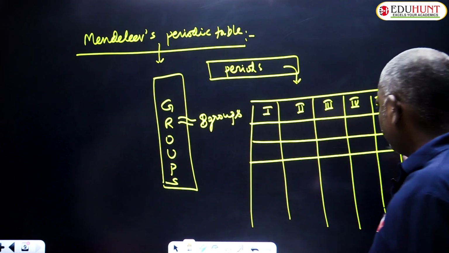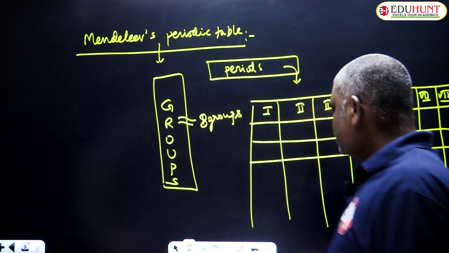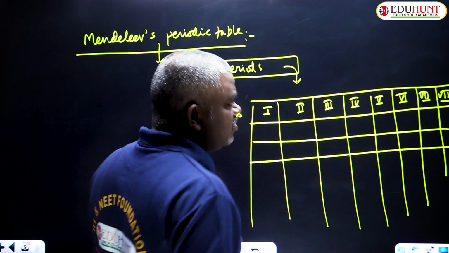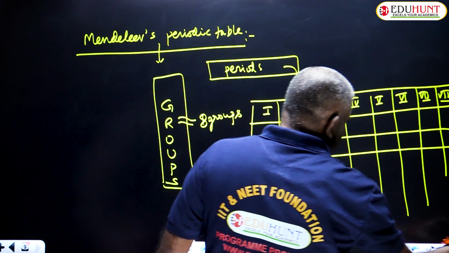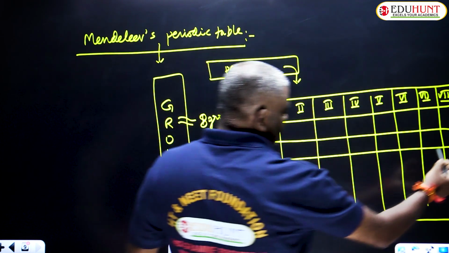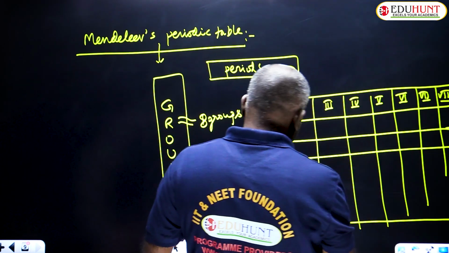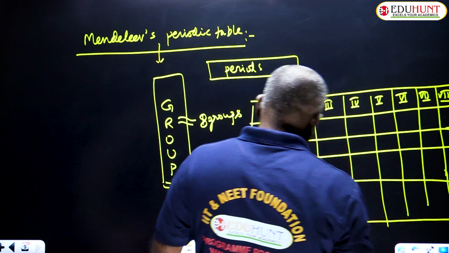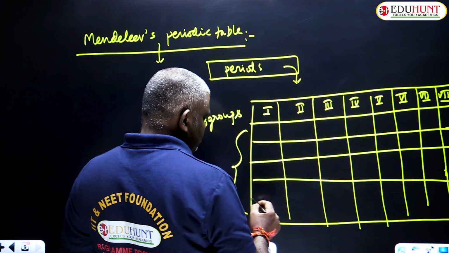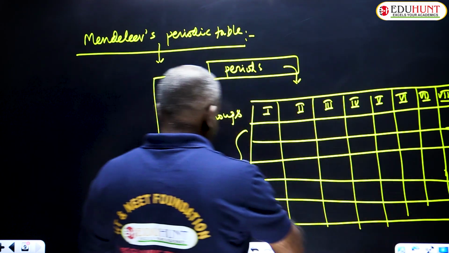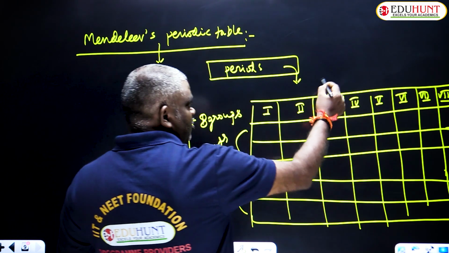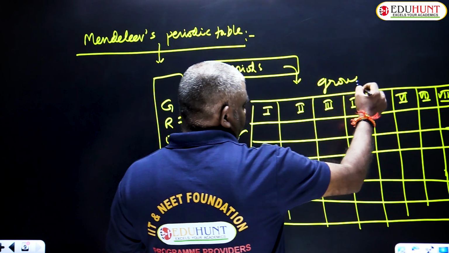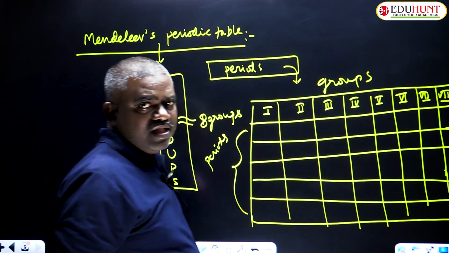These are periods. Mandeleev arranged elements based on their physical characters and also chemical characters. These are called periods, and these are called groups according to Mandeleev's periodic table.